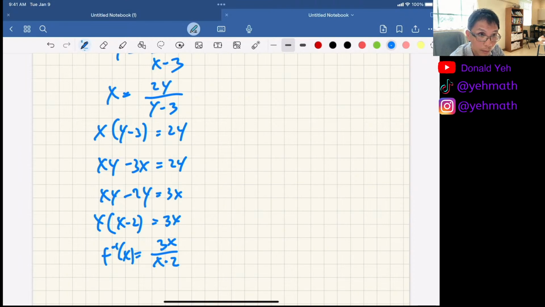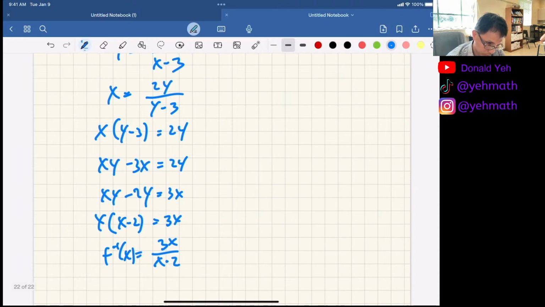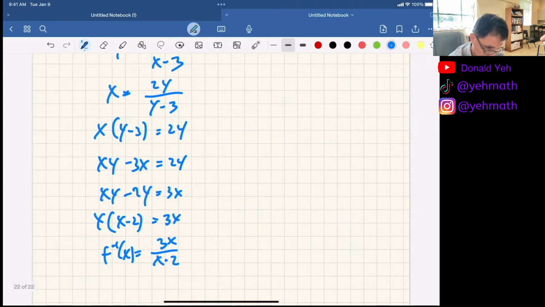Did you subtract xy from both sides instead? Factor out the y there. Yeah, I did it either way, it's fun. 2y minus xy. So you might get 3x over 2 minus x. Is that what you get?